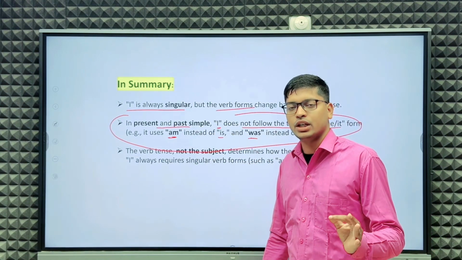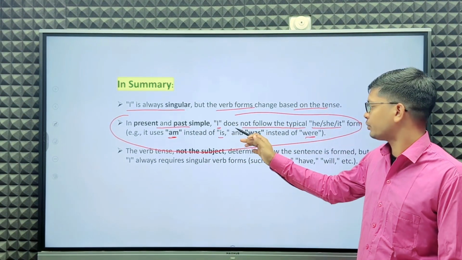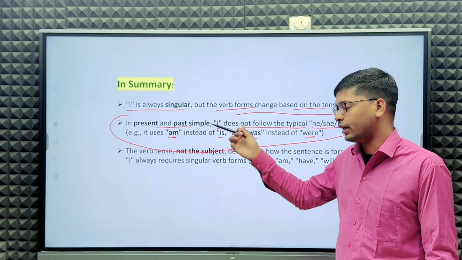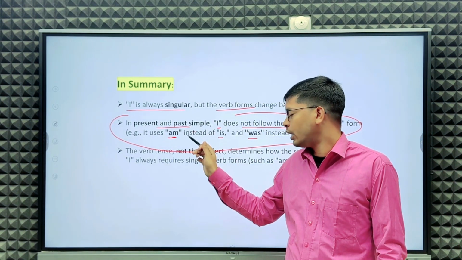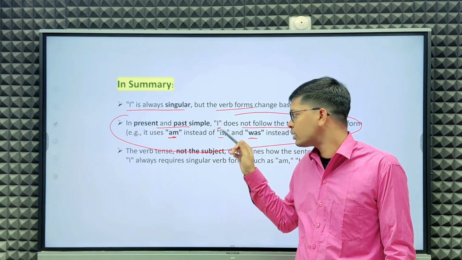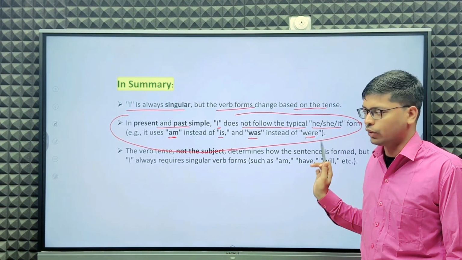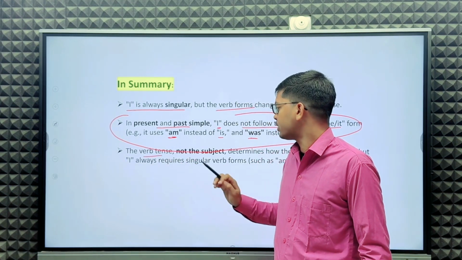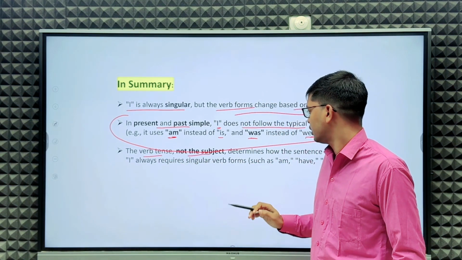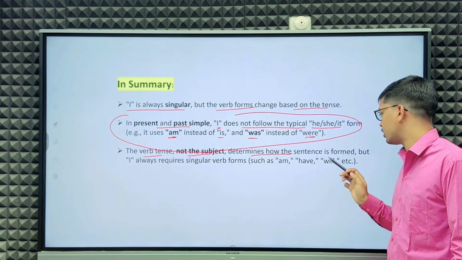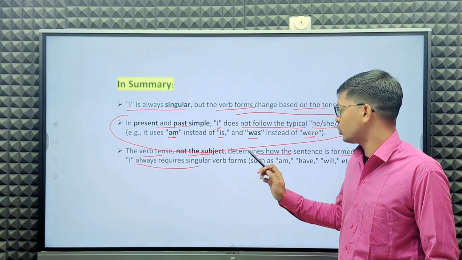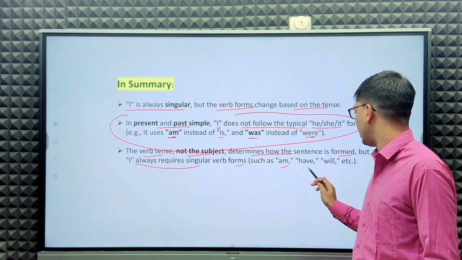In present or past simple tense, I does not follow the typical he, she, it form; it uses am instead of is and was instead of were. The verb tense, not the subject, determines how the sentence is formed, but I always requires singular verb forms such as am, have, will.